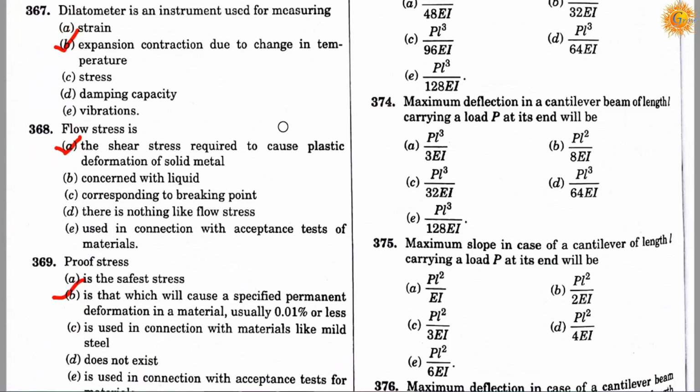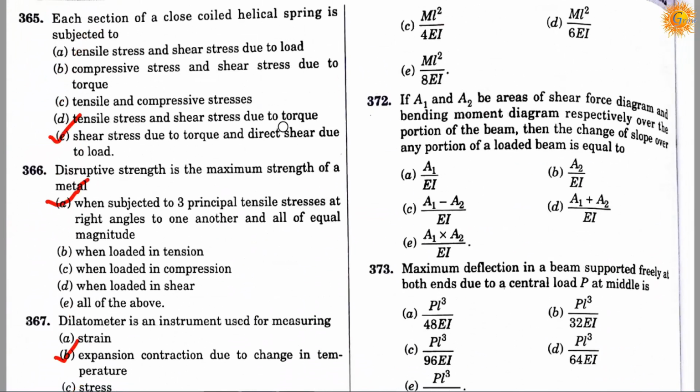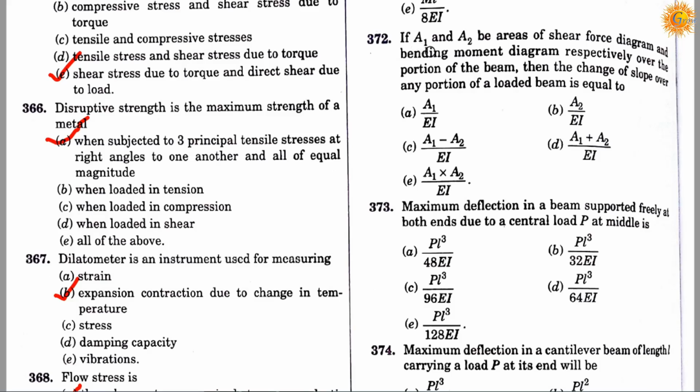Question number 372. If A1 and A2 be area of shear force diagram and bending moment diagram respectively over the portion of the beam, then the change of slope over any portion of a loaded beam is equal to option A, A1 divided by EI, option B, A2 divided by EI, option C, A1 minus A2 divided by EI, option D, A1 plus A2 divided by EI, and option E, A1 into A2 divided by EI.